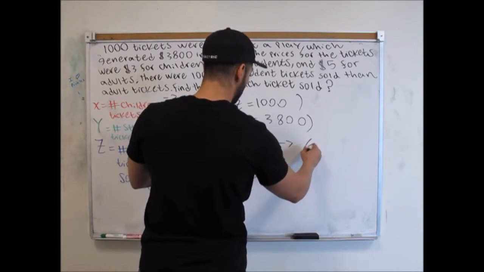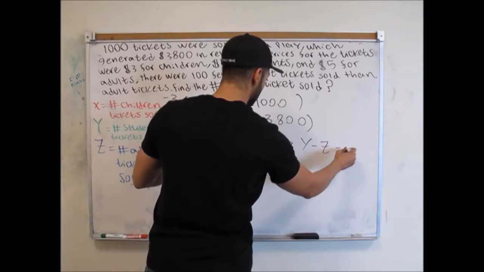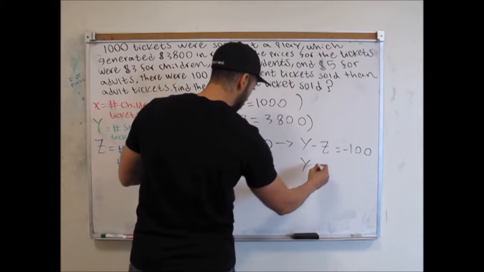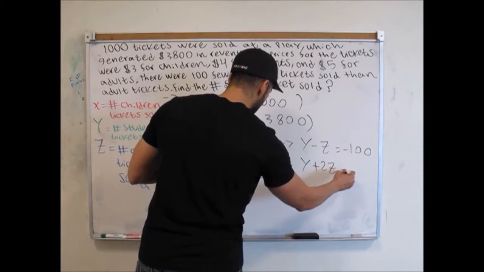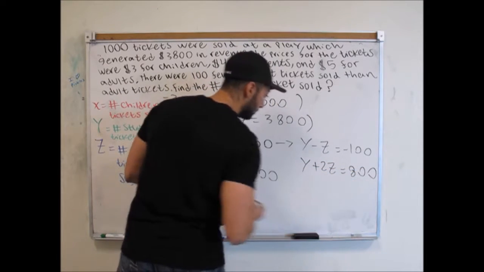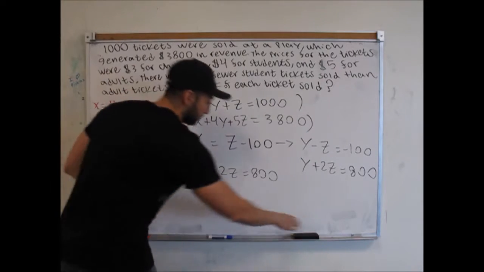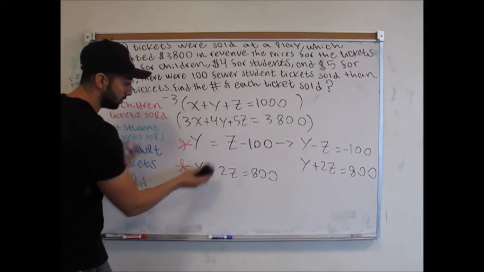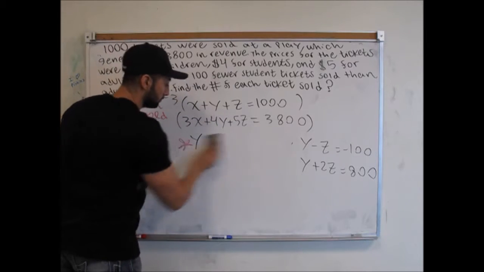Doing so, I get y minus z equals -100. This equation I'm just going to write on the bottom, which is y plus 2z equals 800. This equation is really the same thing as that equation, I just moved stuff around, so I'm going to erase these for now.